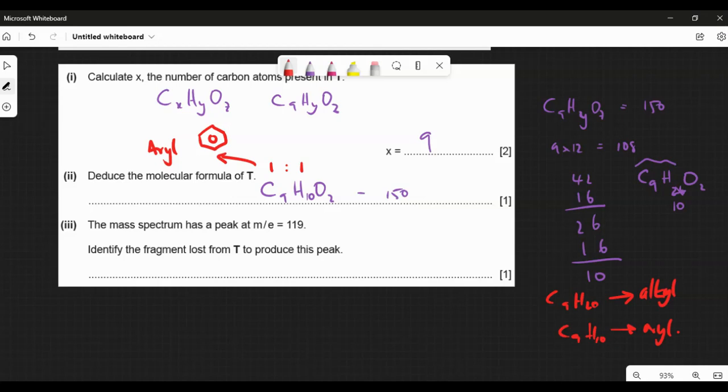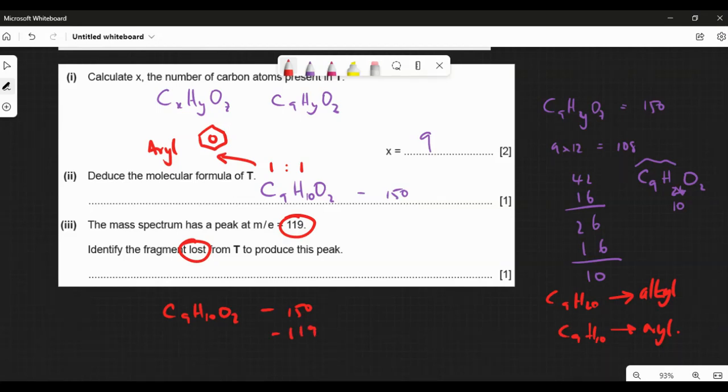Identify the fragment lost at 119. Sorry, there's a peak at 119. What is lost? My full thing, C9H10O2, is 150, and I get to 119.